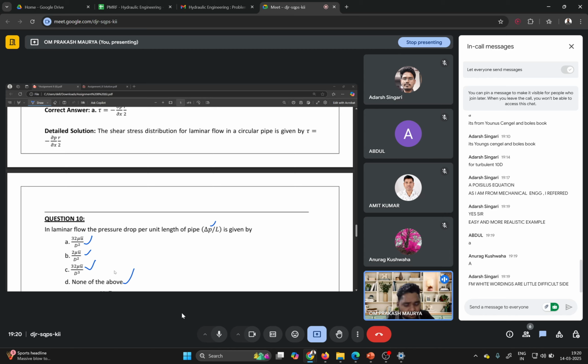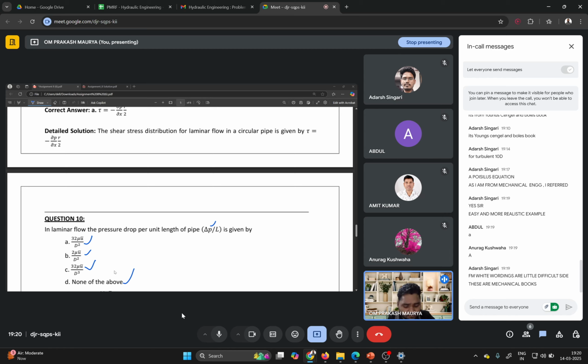I am using the Cengel Cimbala book because it is very elaborative and informative, and the pictorial representation is very good. That's why I have more interest in Cengel Cimbala than F.M. White.